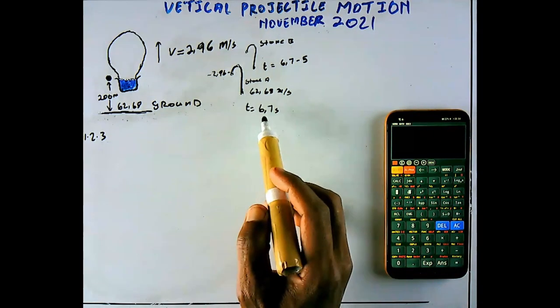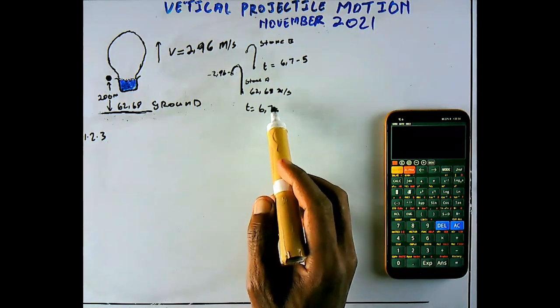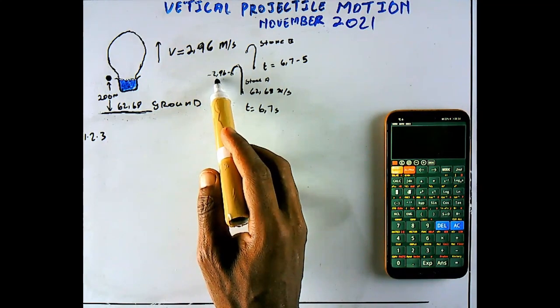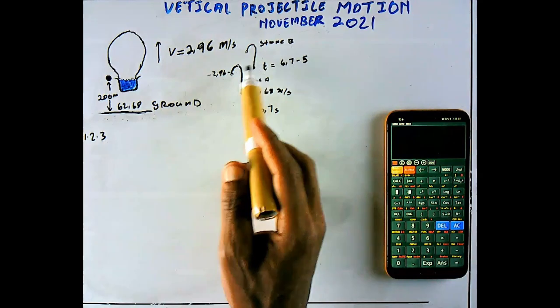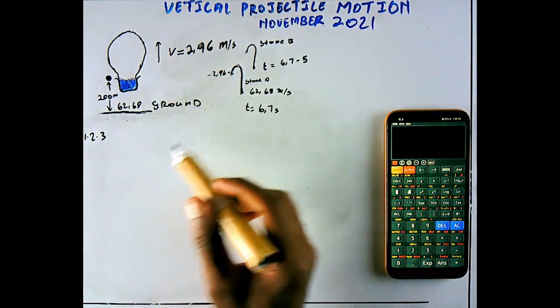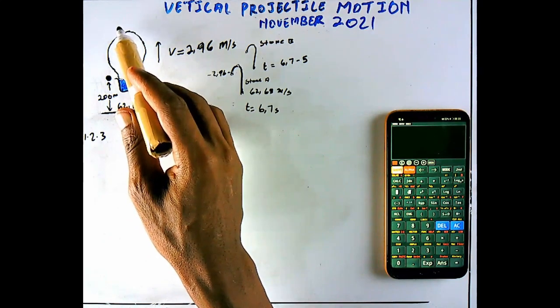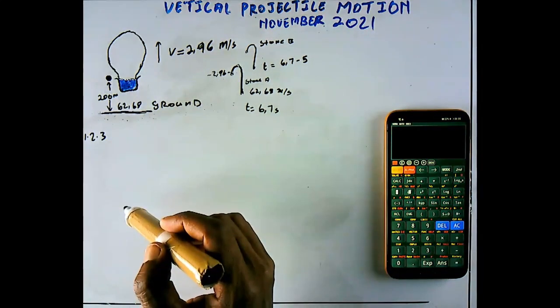One was dropped 5 seconds later than the other. So the initial velocity of stone A is the same as the initial velocity of stone B. To find the distance between, we have to find the distance moved by the hot air balloon and the distance moved by the stone.